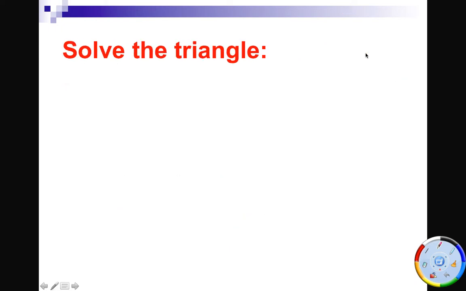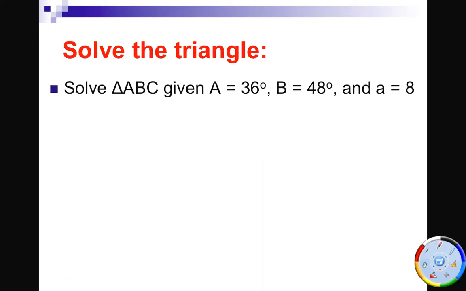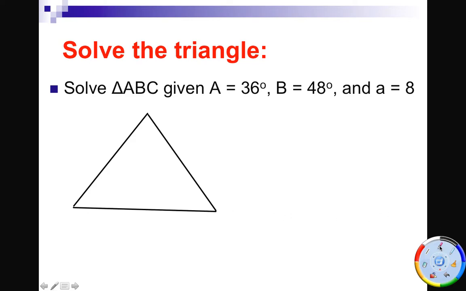All right, so let's take a look at a problem like this. You're given a triangle. It's triangle ABC. I don't care how you draw it. Let's say A is 36 degrees because that's what it says.